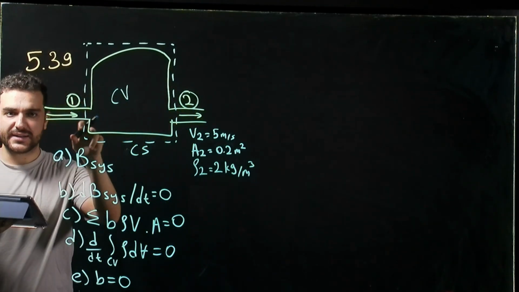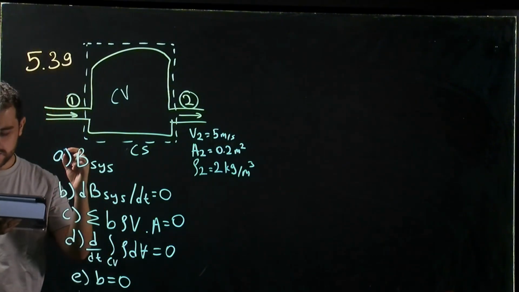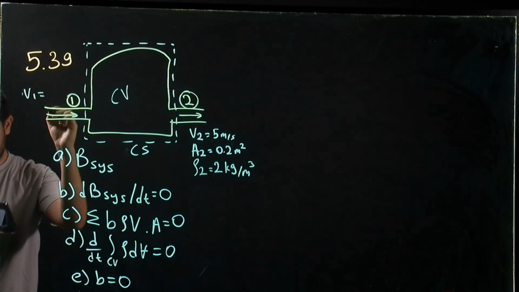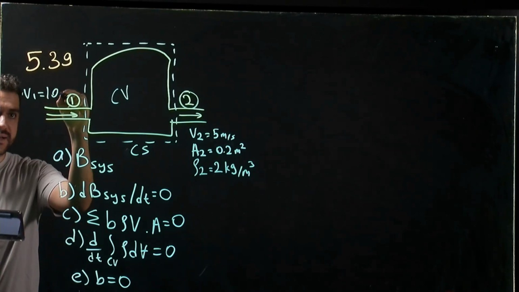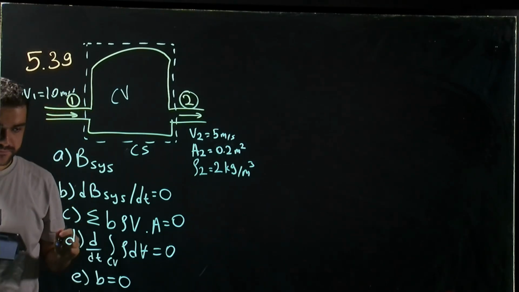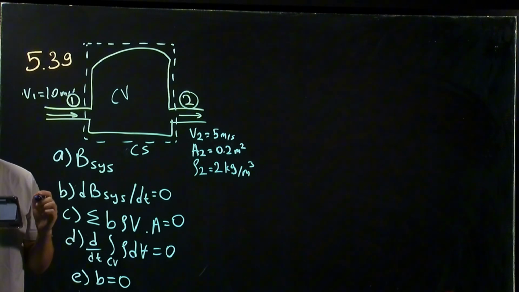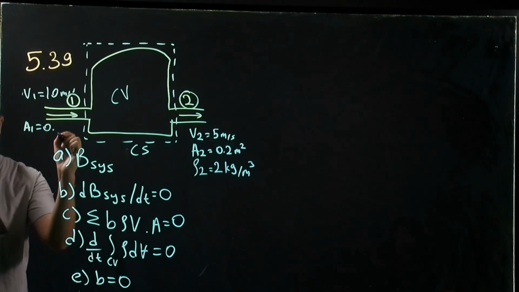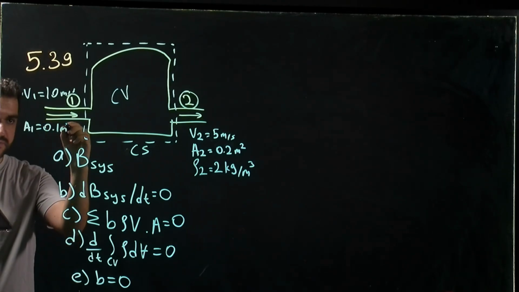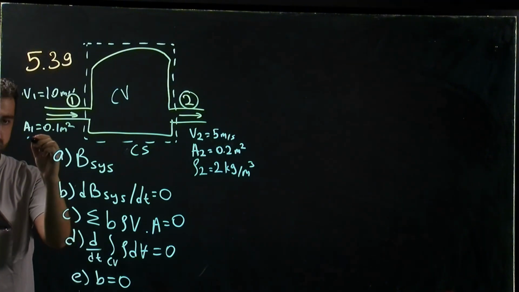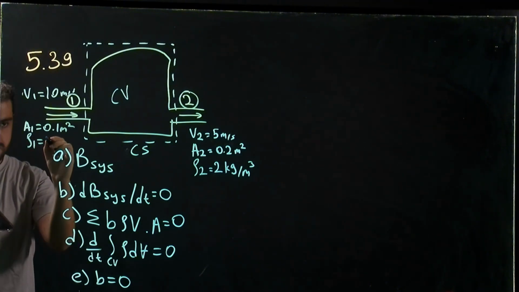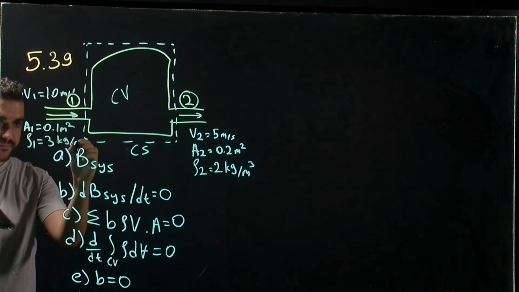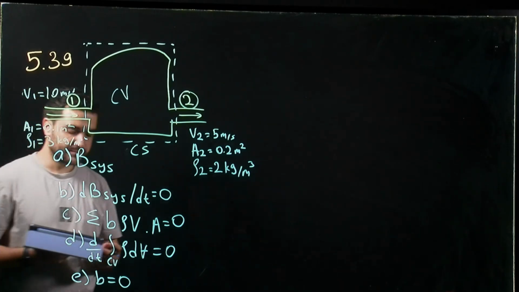And on the inflow side, again, we have velocity, which is 10 meter per second, area 0.1 square meter, and density 3 kilogram per cubic meter.